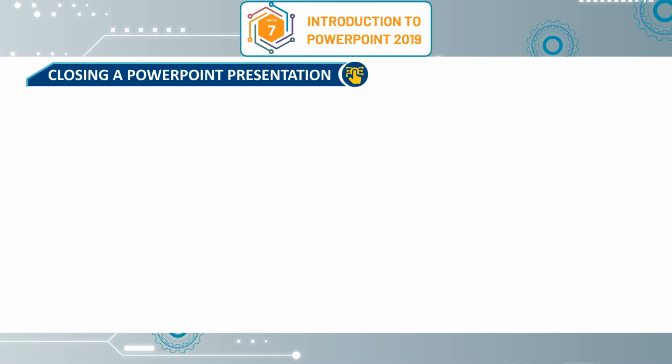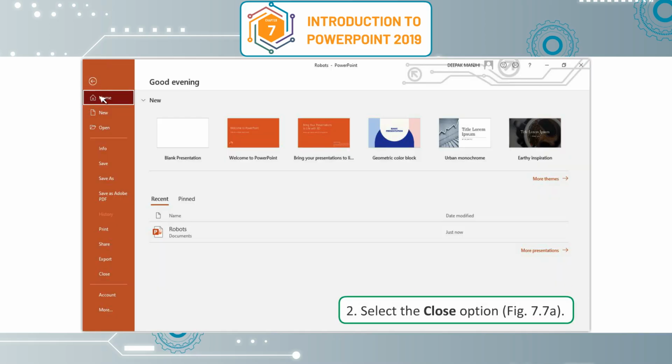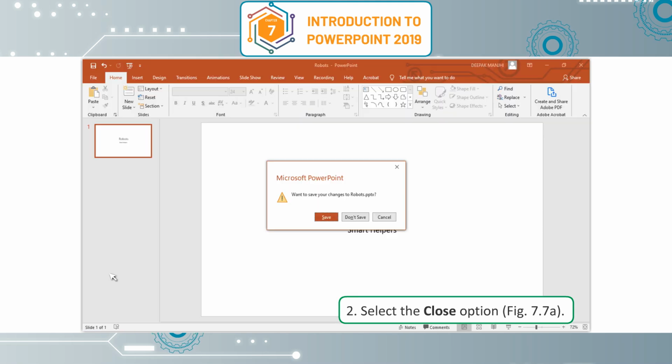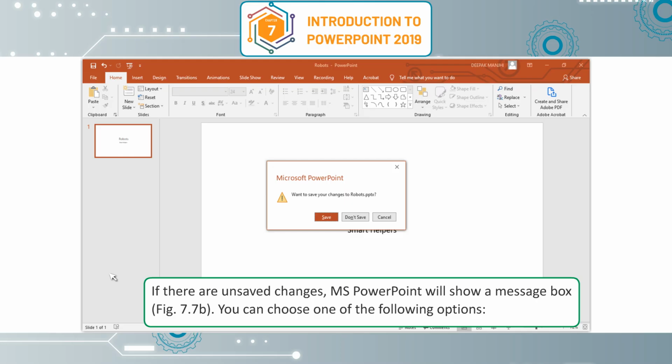Closing a PowerPoint presentation. To close a presentation, 1. Click on the File tab. 2. Select the Close option, figure 7.7a. If there are unsaved changes, MS PowerPoint will show a message box, figure 7.7b. You can choose one of the following options.